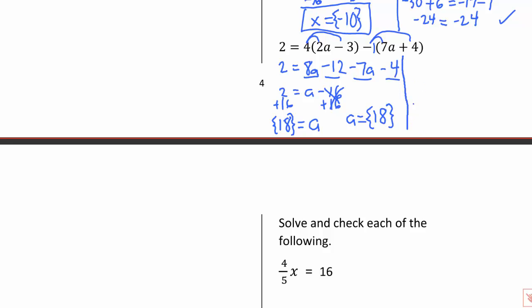Now, just like last time, we need to check this. That means I need to plug that back into the original problem. So that's going to give me 2 is equal to 4 times, well, we have 2 times a, which we're saying is 18, then minus 3, then minus 1 times 7 times 18, and then plus 4.